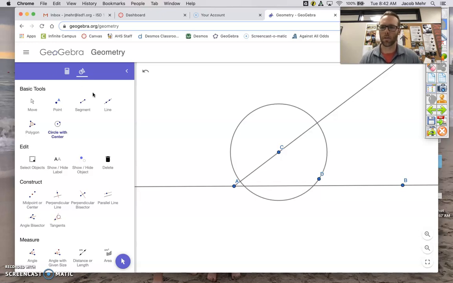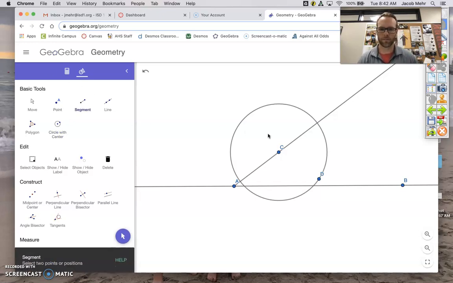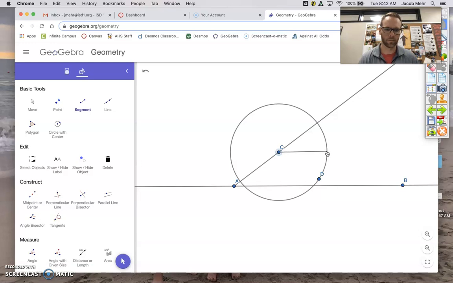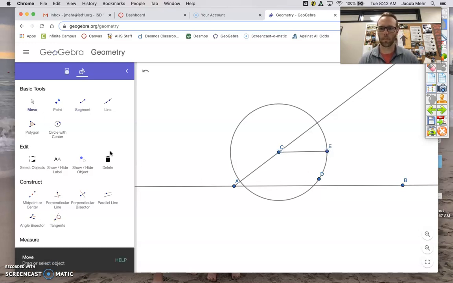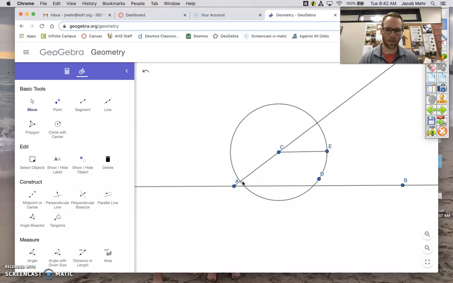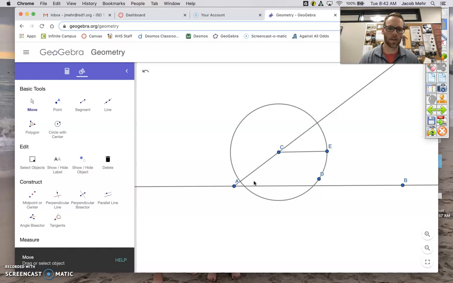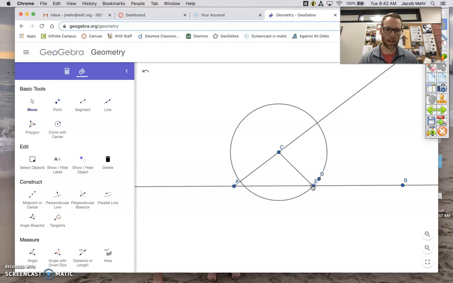Now here's what I want you to notice. I have an angle there, I have a side here, and I have a side there. How many triangles can I make with this angle measure, that side length, and this side length? Well, I can make this triangle right here.